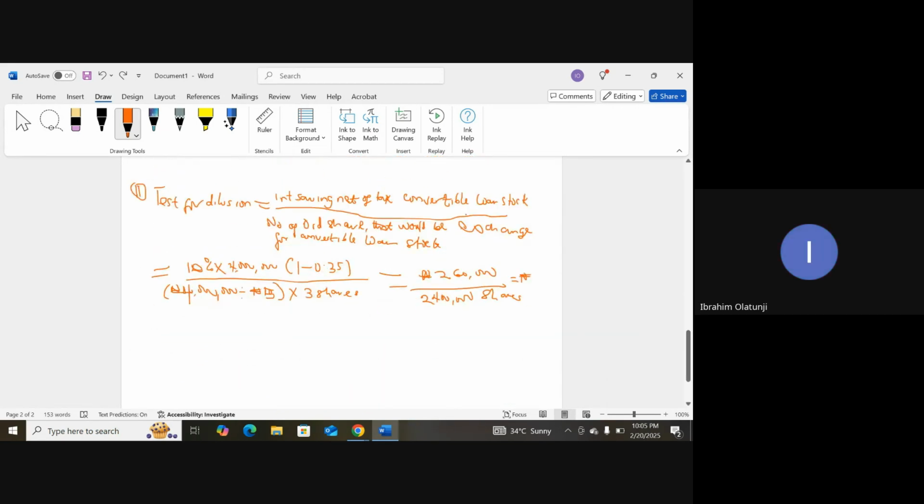Just call what your calculator is giving you. 0.108. This is what you have.